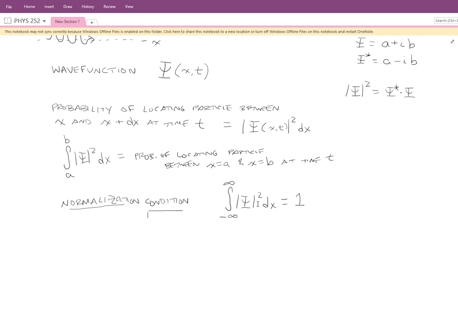Now let's talk more about this idea of probability, because this is inherent in quantum mechanics, treating particles as waves. It's related to the Heisenberg uncertainty principle. You can't talk about where a particle is with 100% certainty. You can only talk about probabilities of locating the particle in a certain region.